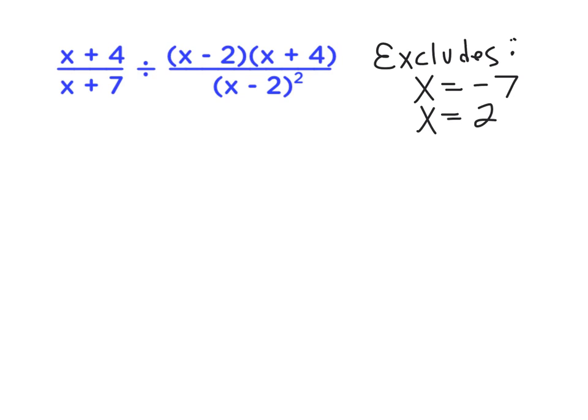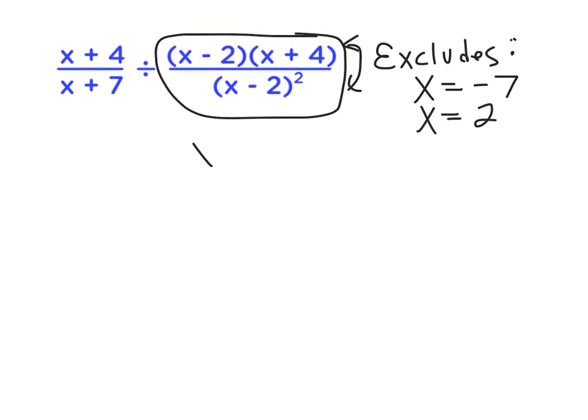So first thing I'm going to do is change this division into a multiplication. And the only way I can do that, if you can remember your fraction rules, is I'm going to take the inverse of this second expression. So I'm going to just turn it upside down. I think I'll just draw little arrows.